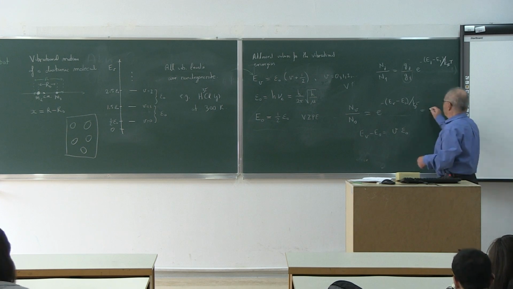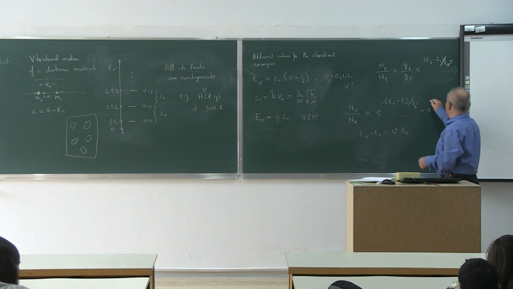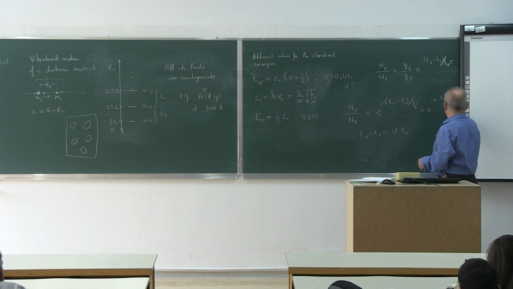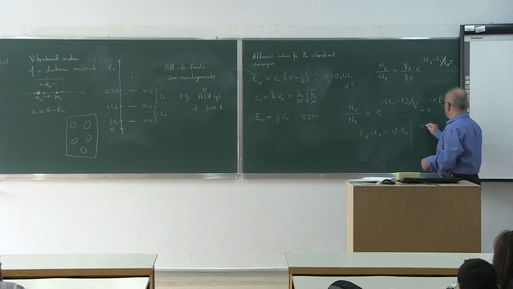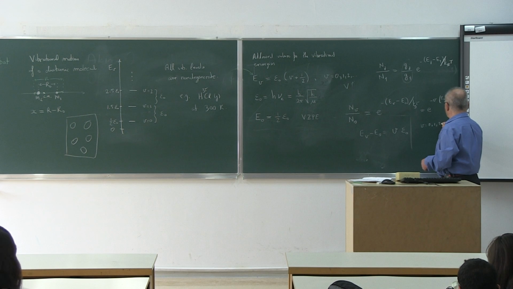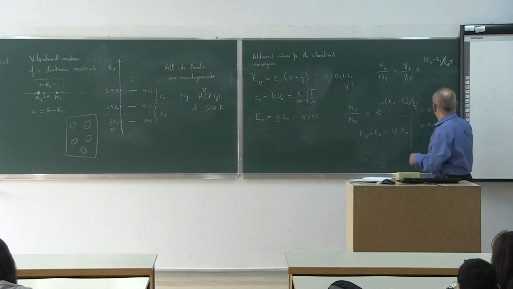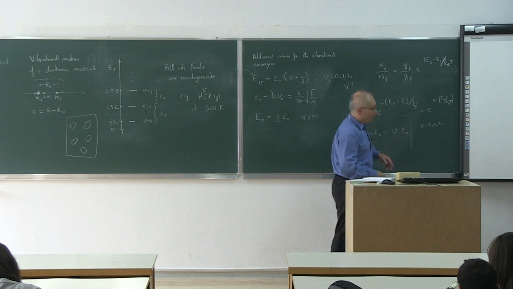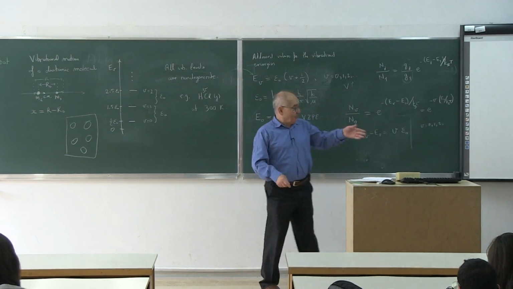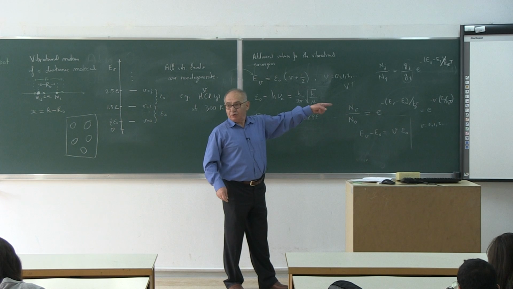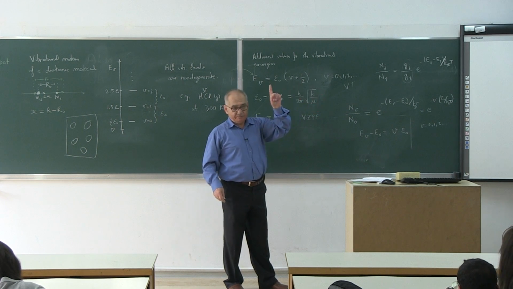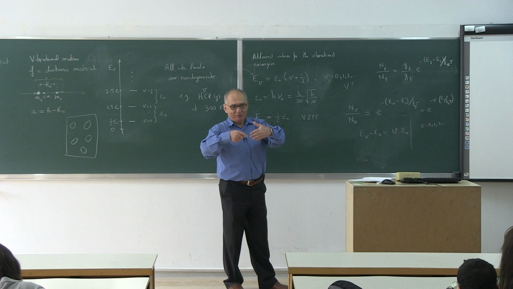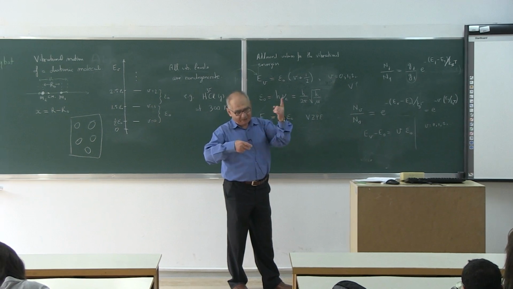So this expression takes the following form, e to the minus v times hν_0 over kT for v equals 0, 1, 2, and so on. Of course, by definition of relative population, for v equals 0, this has value 1. The relative population of the lowest level, relative to itself, is of course 1.